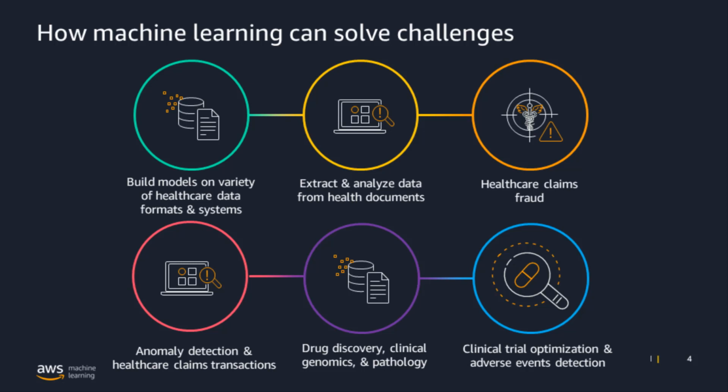A good example of this, a current example, is the COVID-19 pandemic. We saw how organizations were able to release a vaccine to the market in record time. And all of this was possible by optimizing the different processes of drug discovery, finding the candidate target, and then taking it into a clinical development process in an optimized manner.